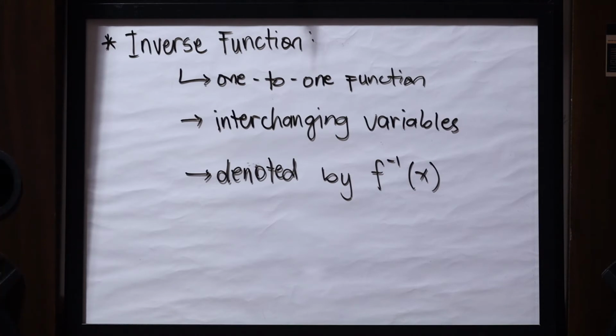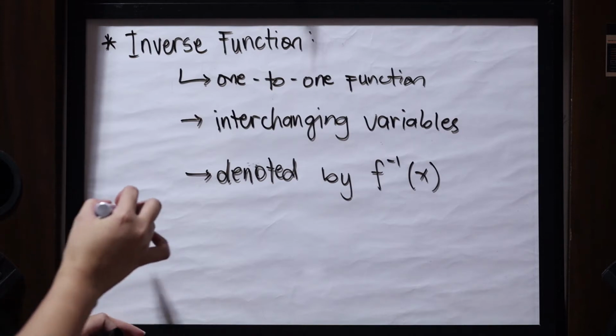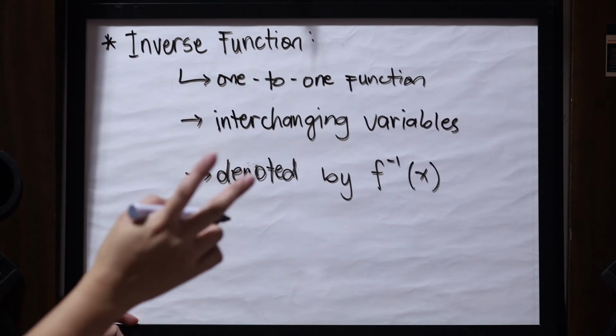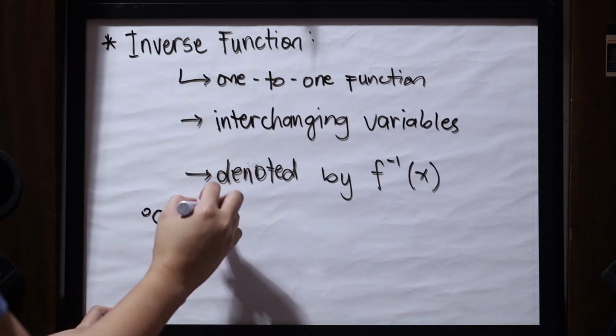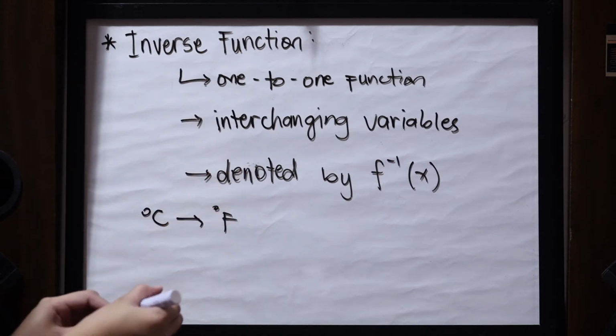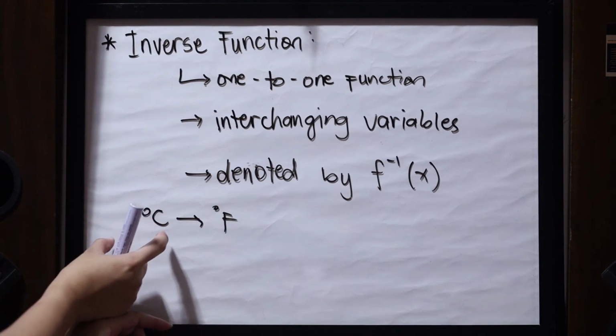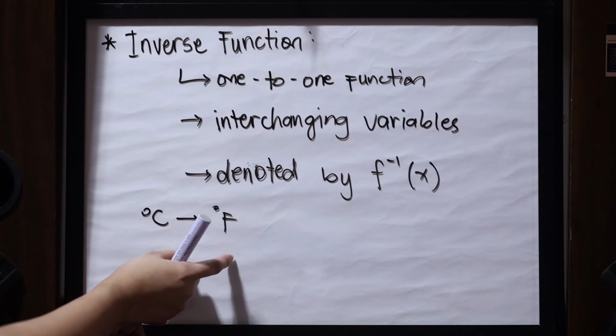For example, yung parang kilalang or siguro parang sa inyo ay magiging common na example is, di ba sa sciences, meron tayong formula wherein yung isang degree Celsius, pwede mo siyang i-rewrite into degrees Fahrenheit. So, kukunin mo yung equivalent na value in degrees Celsius to degrees Fahrenheit.